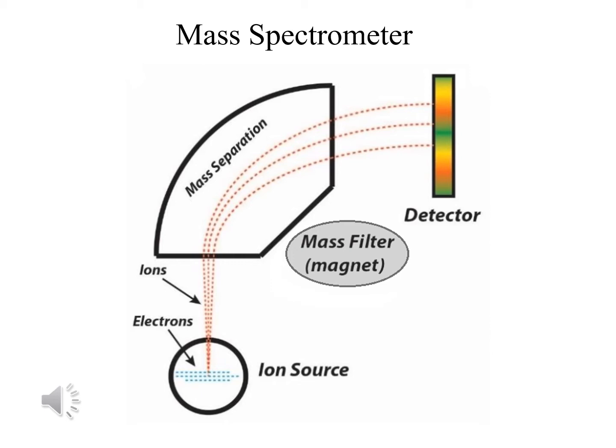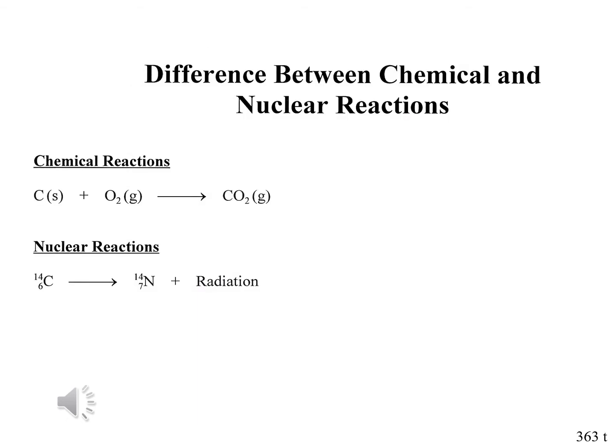So you can separate all of the isotopes that are there in a sample. Once you have the isotopes separated from each other, you can study what each one of them does individually.